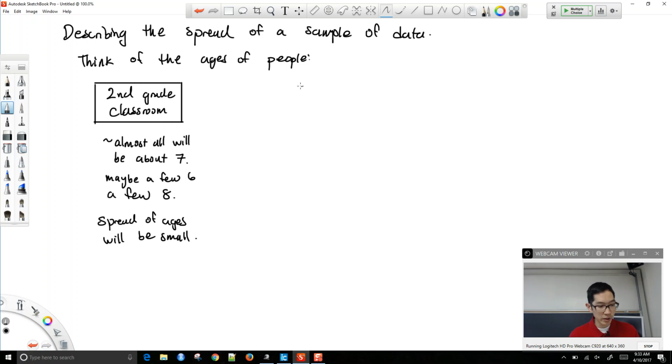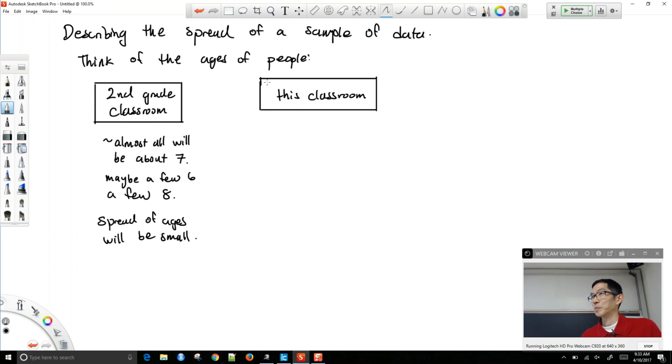All right, let's imagine another classroom. Let's say this classroom. What is the spread of ages that we have in this classroom? Probably most are between 18 and 23, but then we're going to have some who are older.